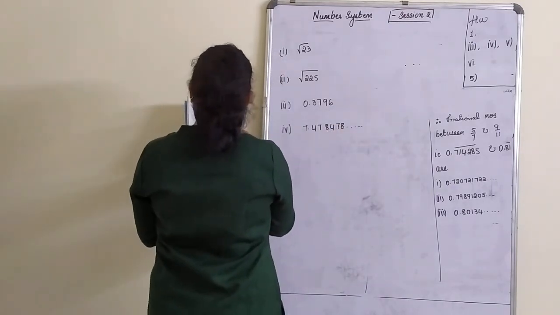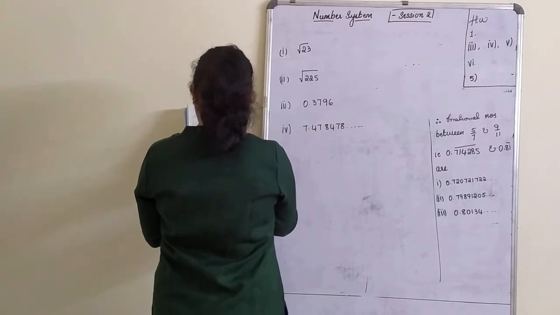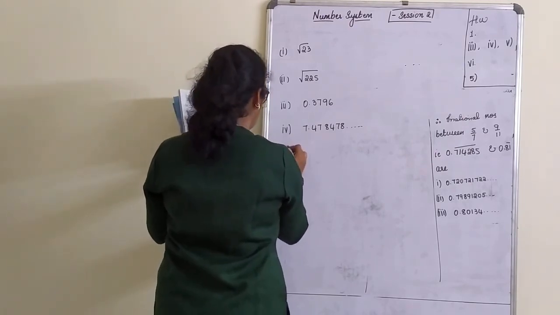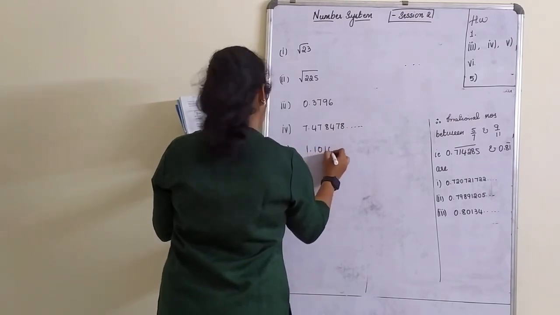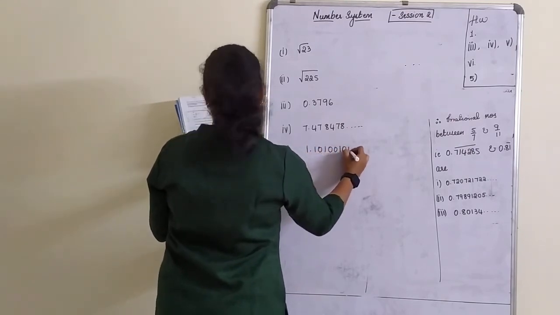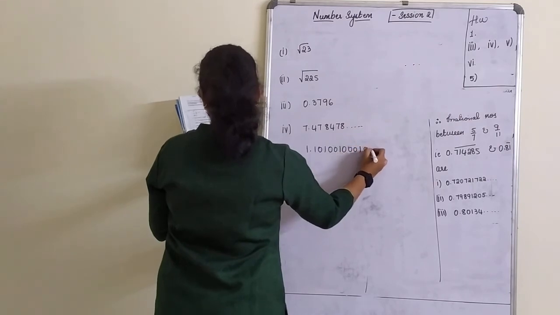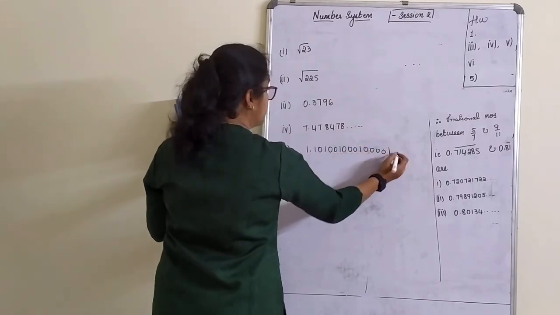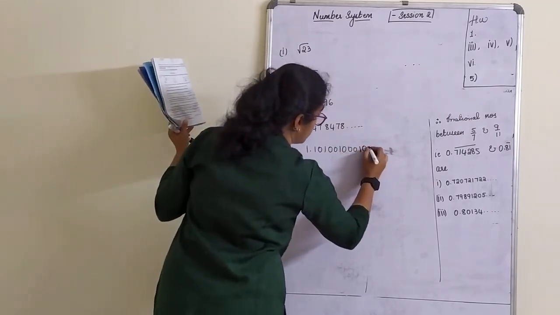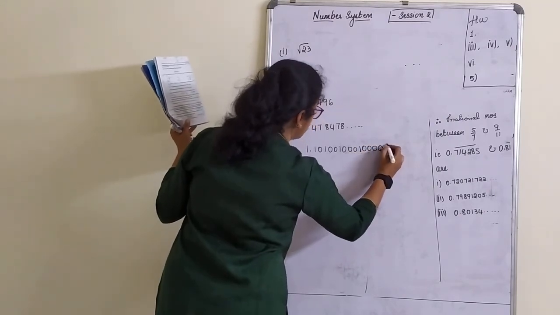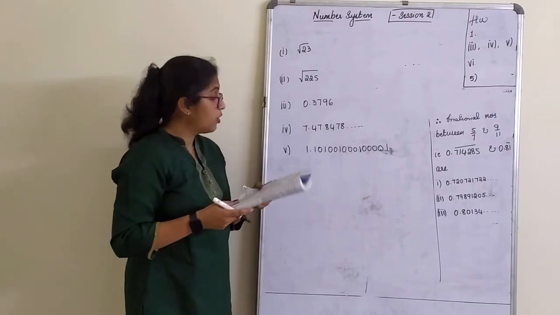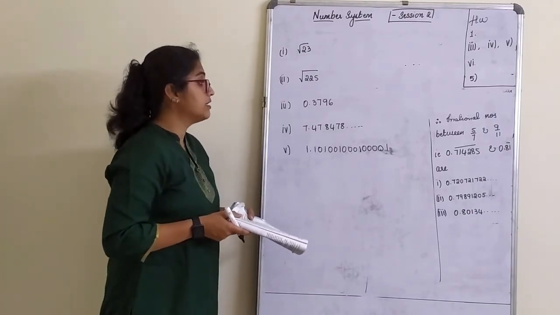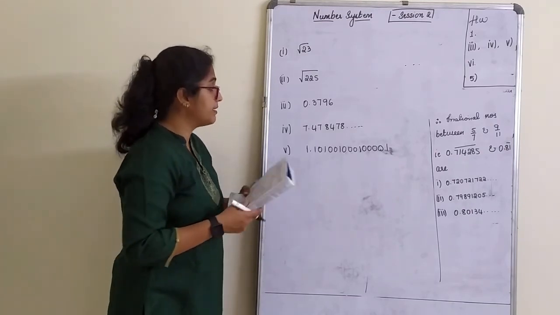Then the next one is 7.478. Fifth one is 1.101001000100001 and so on. Now we have to tell whether these are recurring or not.